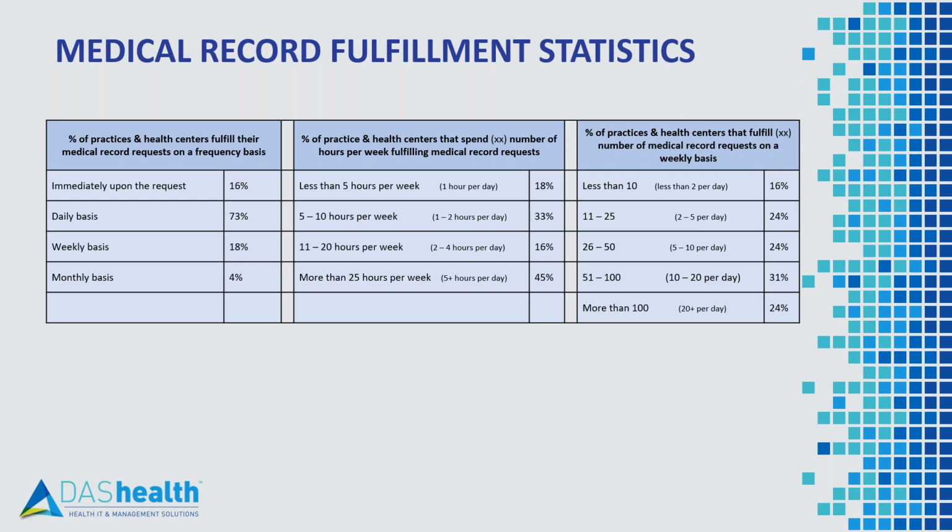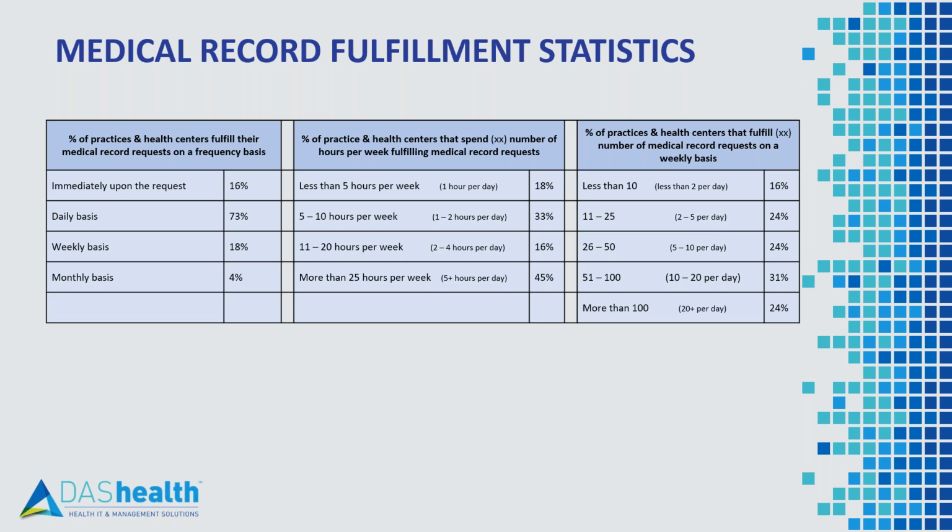The center box is about the number of hours the organization spends fulfilling medical record requests. And here you see over half the practices and health centers spend 20 hours or less a week fulfilling medical record requests, and nearly half spend 5 or more hours a day fulfilling them. So you spend a significant amount of time fulfilling medical record requests.